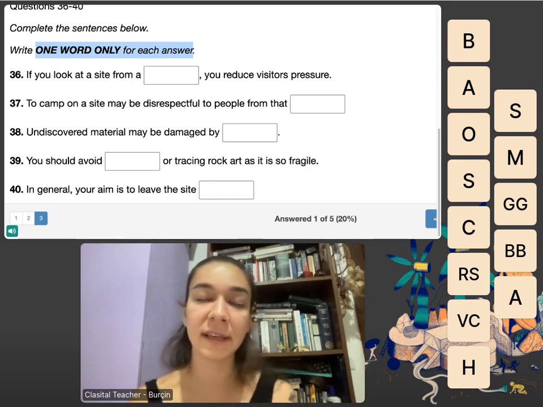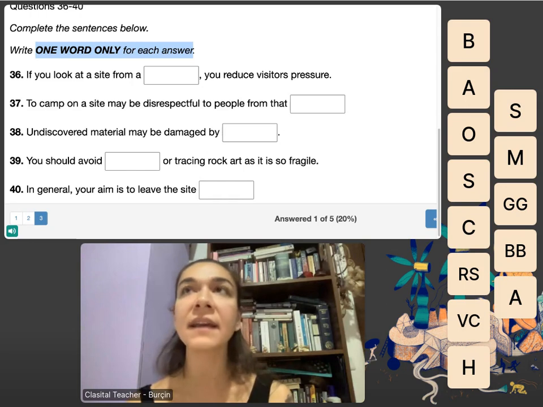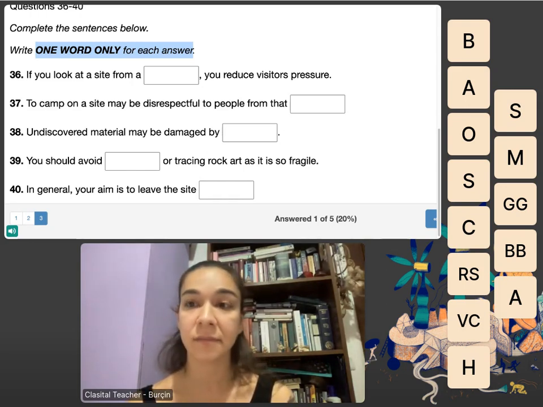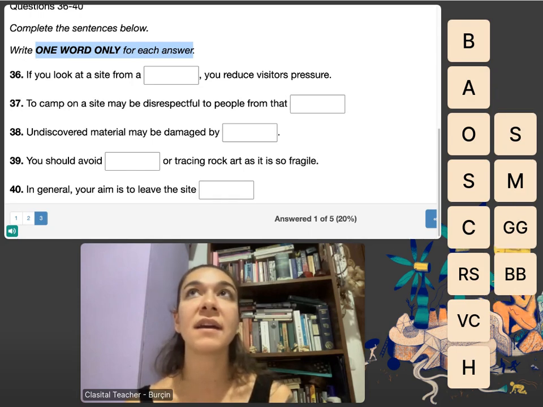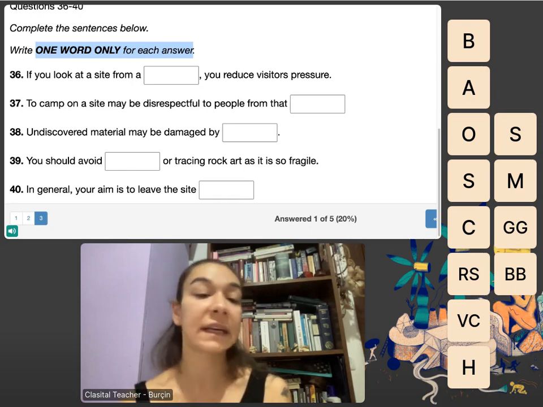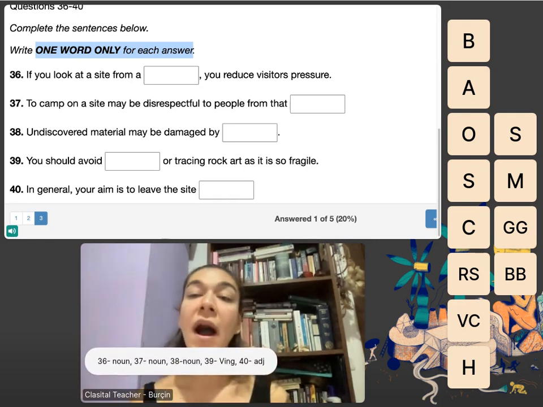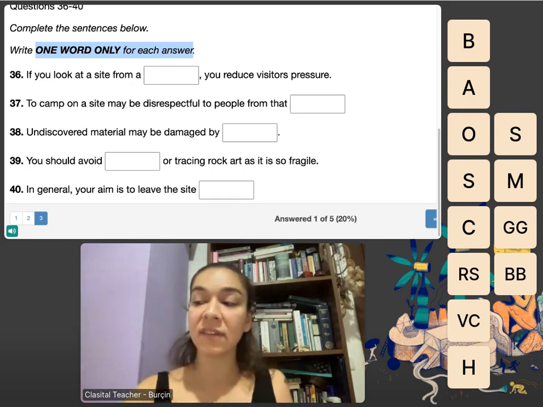And for the 40, in general, your aim is to leave the site untouched. Your aim is to leave the site clear. I think we will see an adjective here.